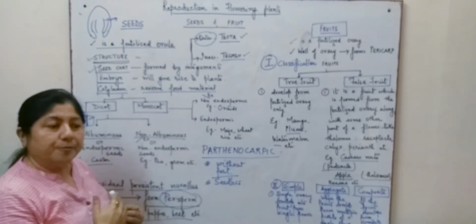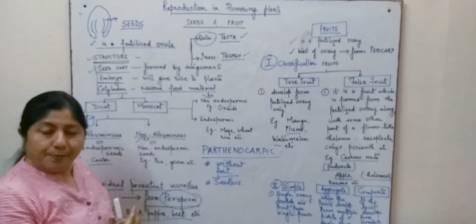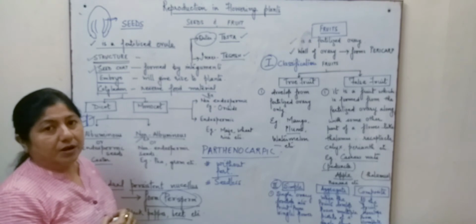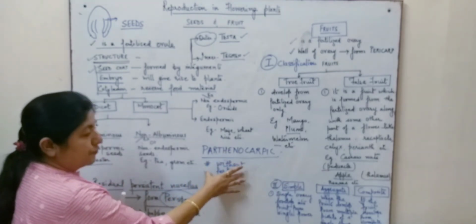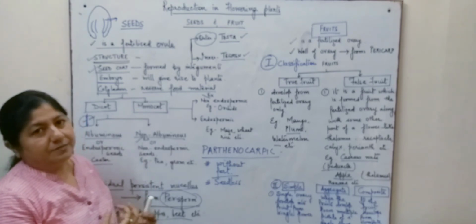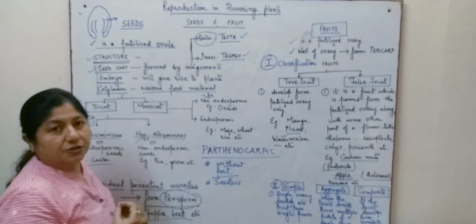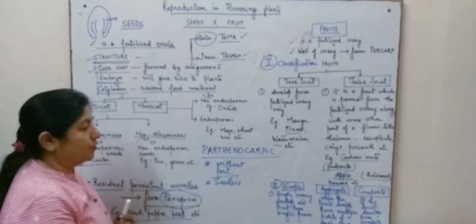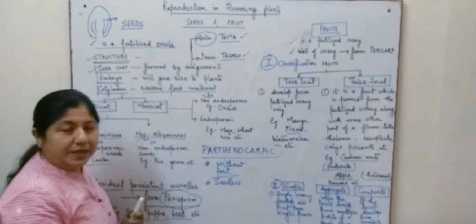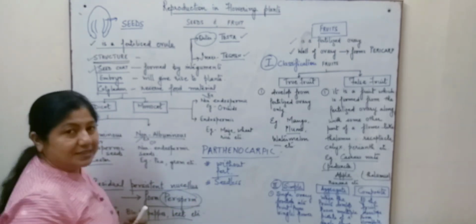Now parthenocarpy can be artificial or natural. In some plants it happens naturally, but we can induce parthenocarpy in certain kinds of fruits. Sometimes we don't like seeds in some fruits, so we can use growth hormones or certain kinds of hormones that induce artificial parthenocarpy in a plant and result in a seedless fruit.